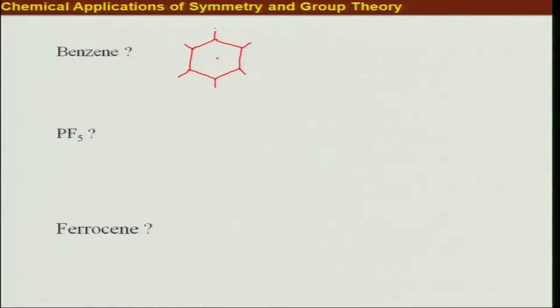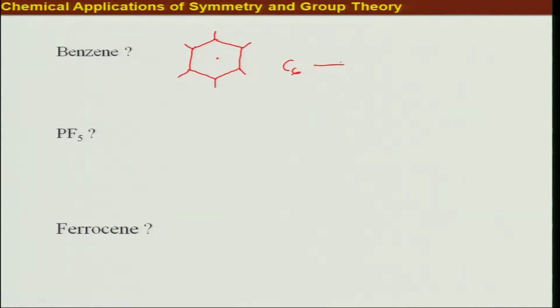Now, if I imagine an axis passing through this point and perpendicular to the plane of the molecule, then that is my C6 axis, right, and I do not have any other C6 axis. Fine. So, C6 is my principal axis of symmetry.